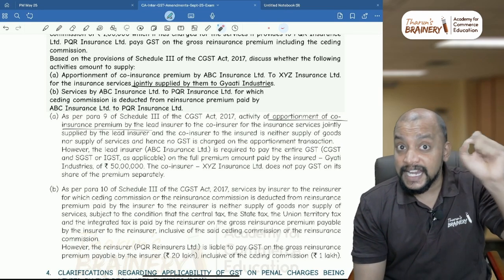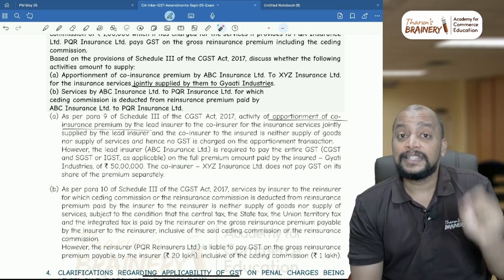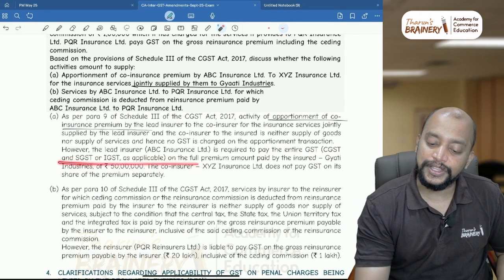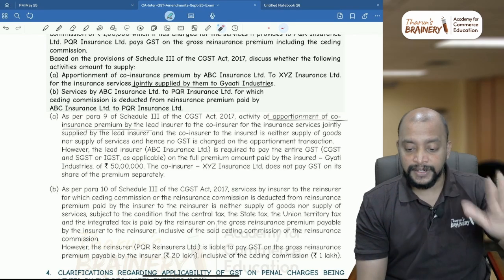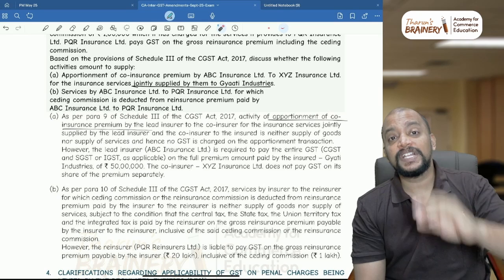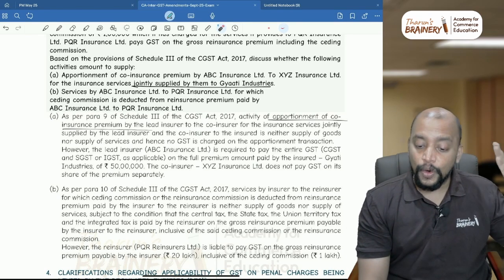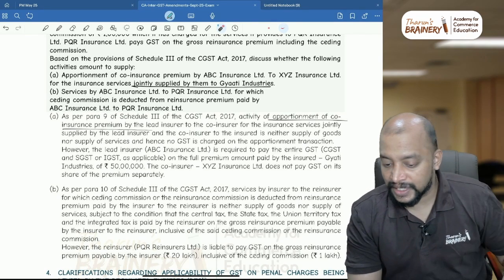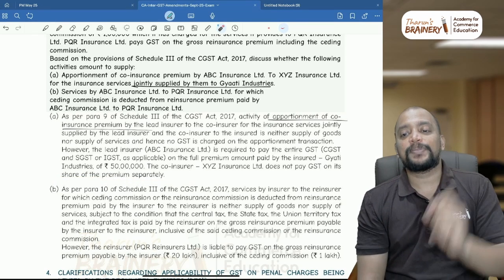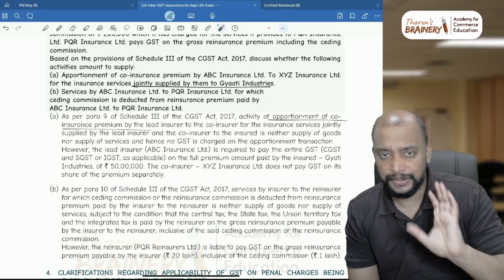However, what is the important condition? The lead insurer is required to pay entire GST on the full premium amount paid by the insured, Gyathi Industries, of rupees 50 lakhs. The co-insurer XYZ Insurance does not pay GST on its share of premium separately. Got it? Simple question only it is.